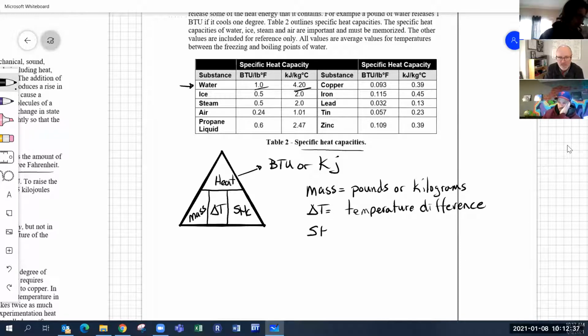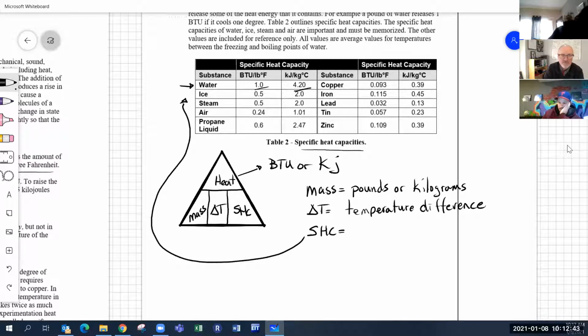So the specific heat capacity is these numbers.